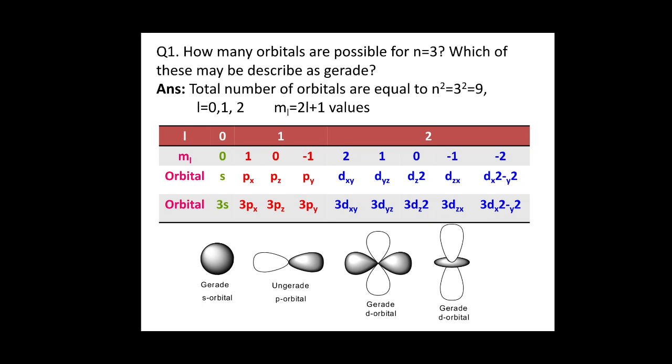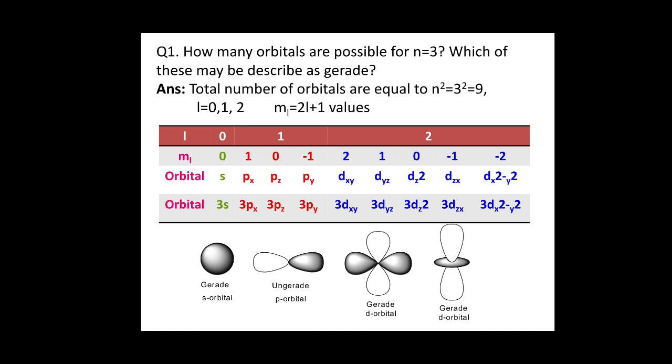To solve this problem we need to know only three quantum numbers: the principal quantum number, represented by n, the orbital quantum number, represented by small l, and the magnetic quantum number, represented by m subscript l. There are relations between these quantum numbers, which I will explain. Shells are represented by n, which can take values n equal to 1, 2, 3, 4, and so on.